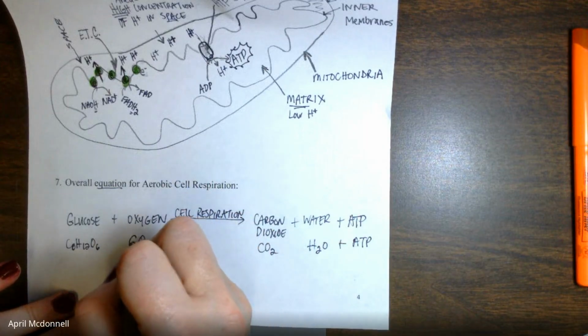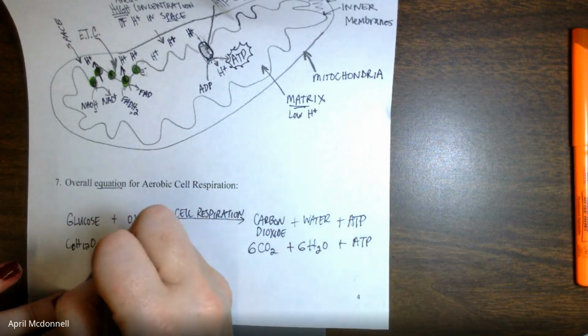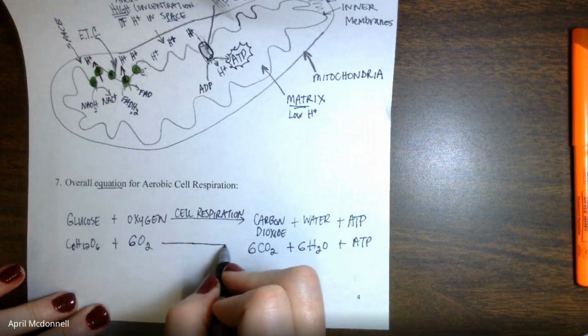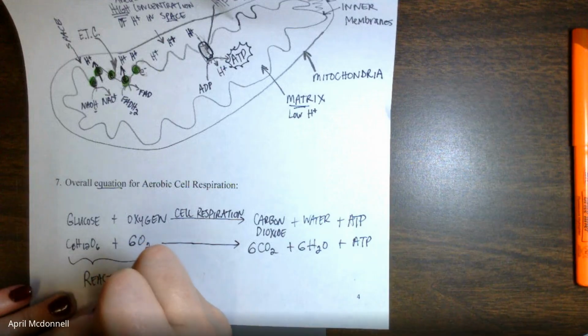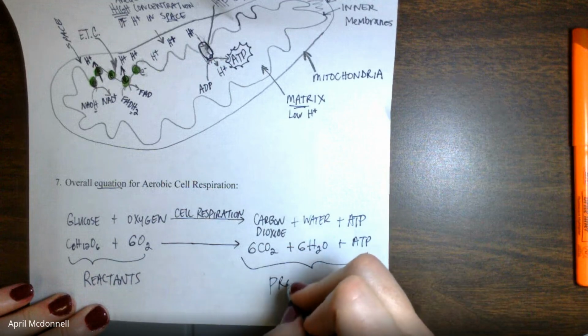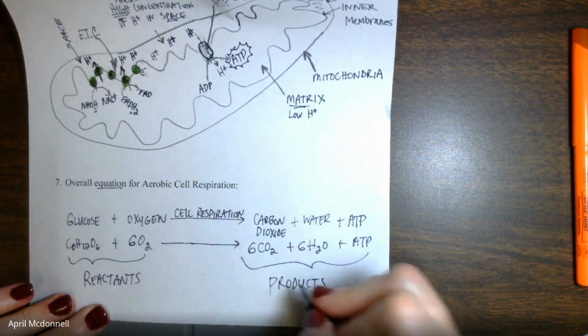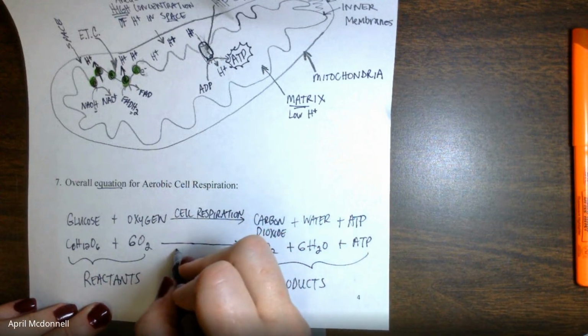Additionally, let's go ahead and balance the equation. This means the number of atoms are the same on both sides. This is the reactant side, and then these guys are the products. Remember that heat is always given off.